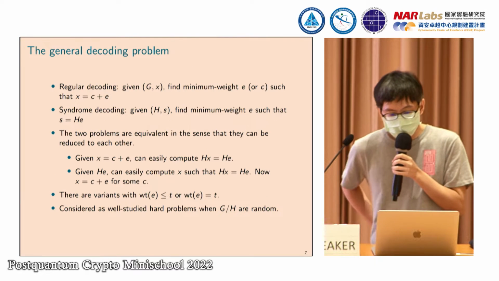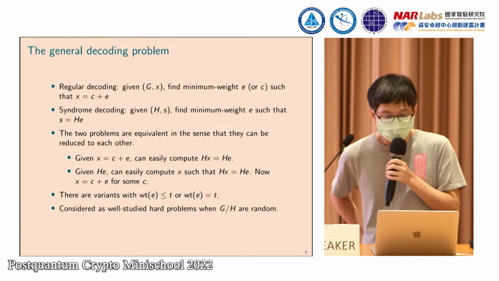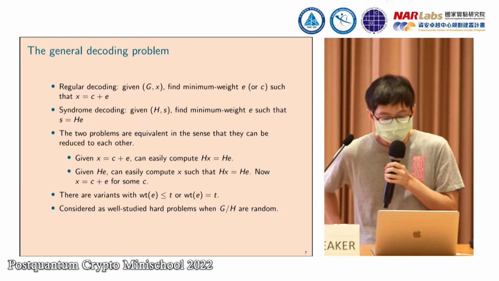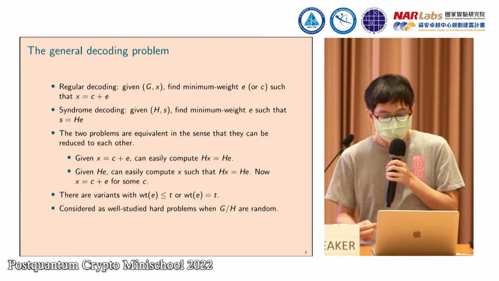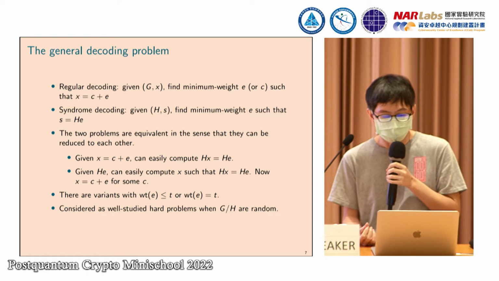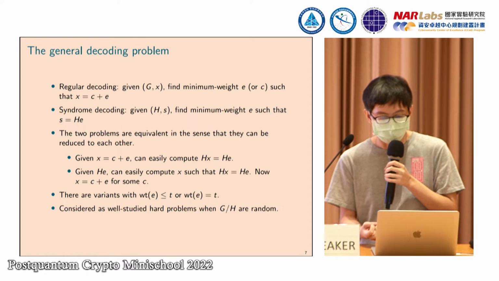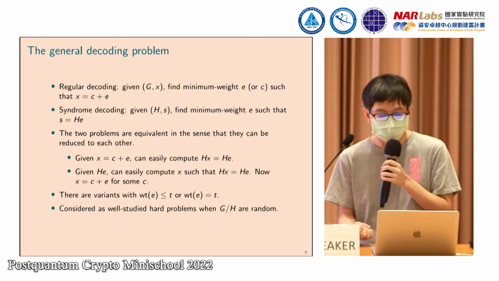Now I would like to talk about what I mean by decoding. There are two types of general decoding problem that we usually talk about. The first one is regular decoding.